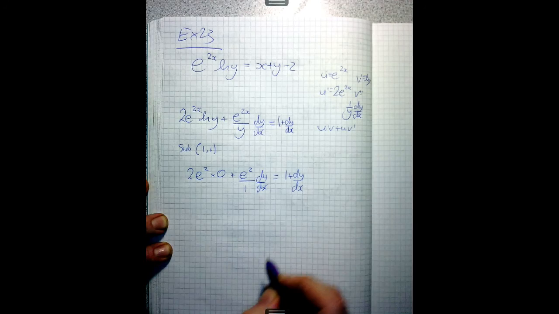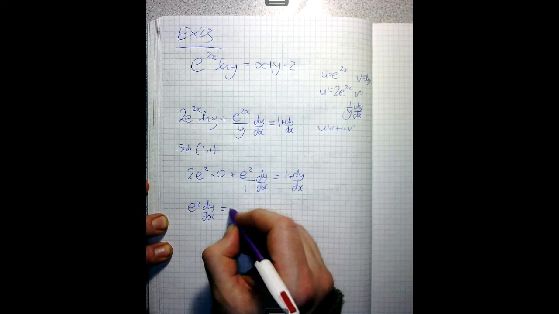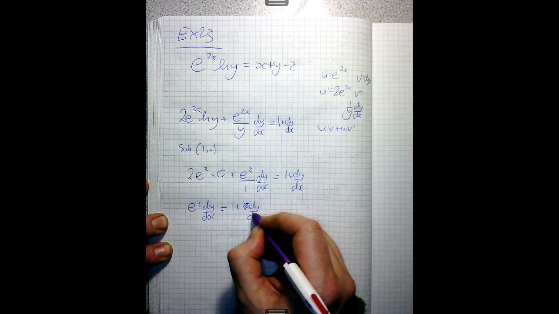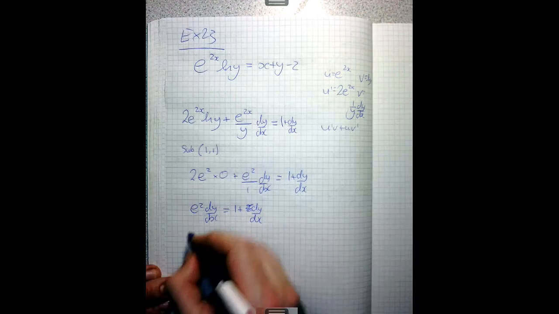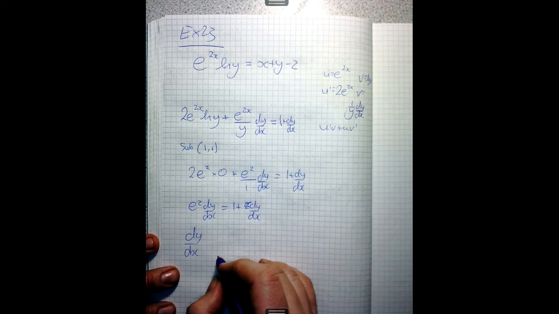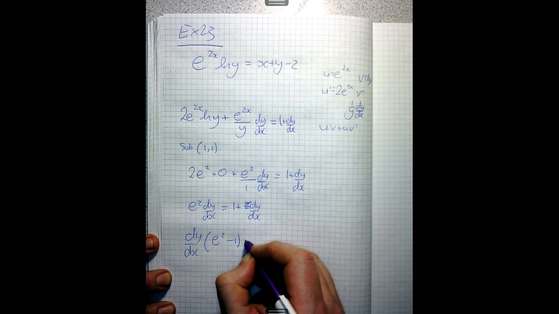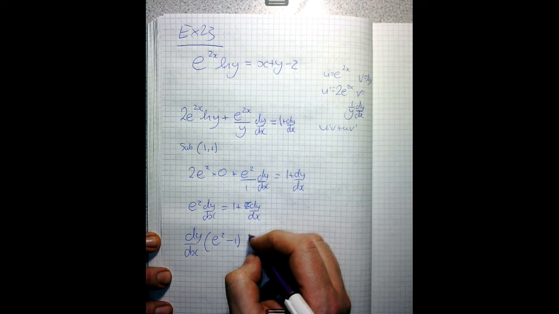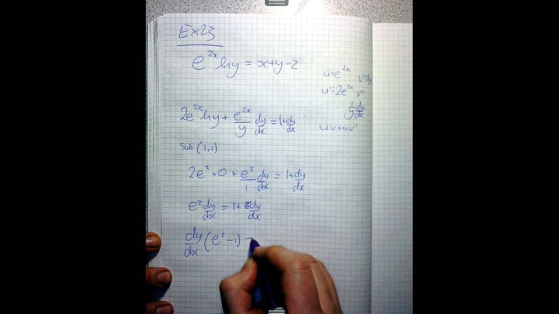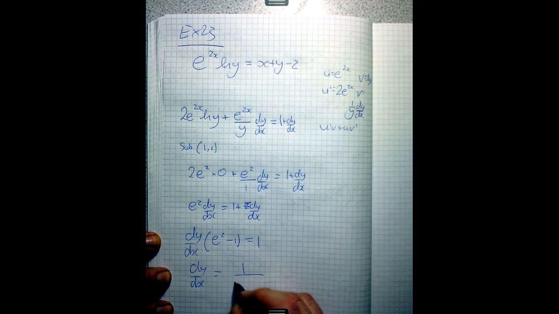So e squared dy/dx equals 1 plus, oops, don't know where that 2 came from, think I was thinking a step ahead. So dy/dx times (e squared minus 1) equals 1. So dy/dx equals 1 over e squared minus 1.